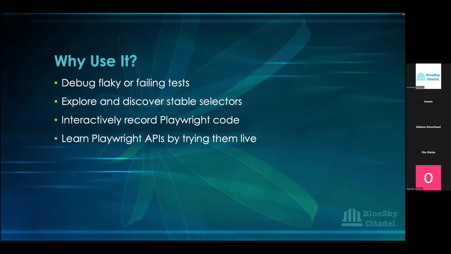Then another one is if you want to explore and discover stable selectors. In the world of Playwright, our selectors are a little bit different compared to Selenium or Cypress, right? We can't just take in any element, we have to make sure that our element is unique and Playwright suitable because of Playwright's rules, so that you can have a much less flaky test.